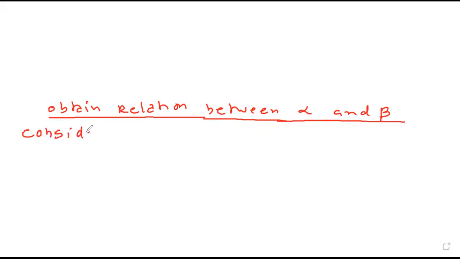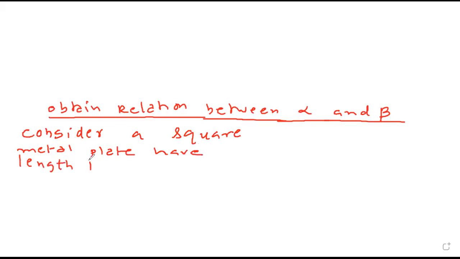So I'm saying consider a square metal plate, so that area will be simply side square. If you take any other shape, then it will become length into breadth. So consider a square metal plate having length L0 at 0 degrees Celsius and LT at T degrees Celsius.